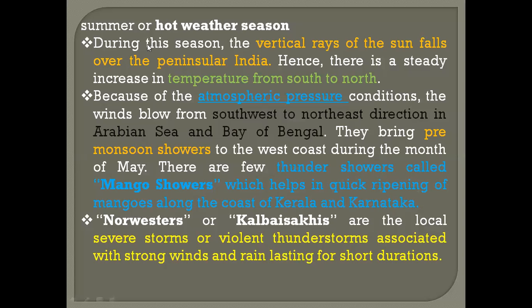The next season is the summer or hot weather season. During this season, the vertical rays of the sun fall over peninsular India, which is in the southern parts and the central region. In this direction, from southwest to northeast, the Arabian Sea and Bay of Bengal face atmospheric pressure and wind blows.